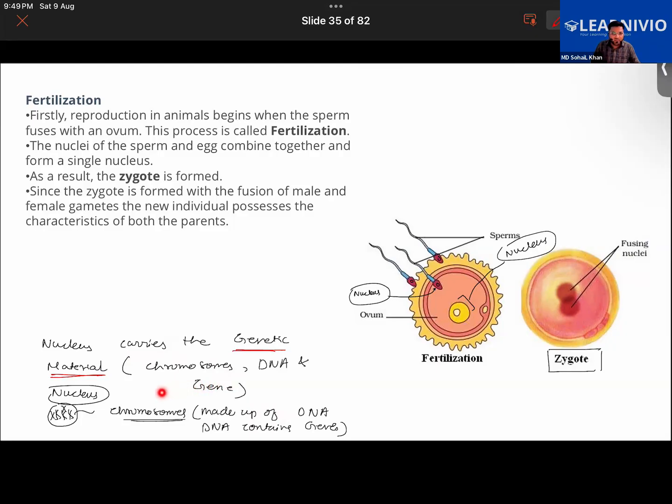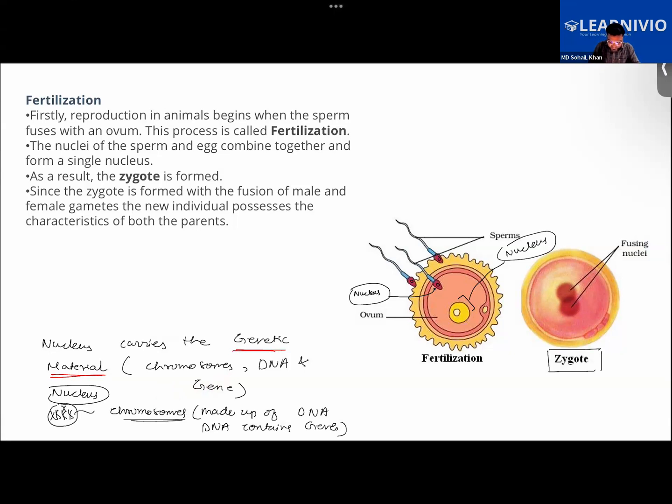Now suppose a sample of muscular tissue is taken from a human body, like muscle cells. Suppose this is a non-sex cell.